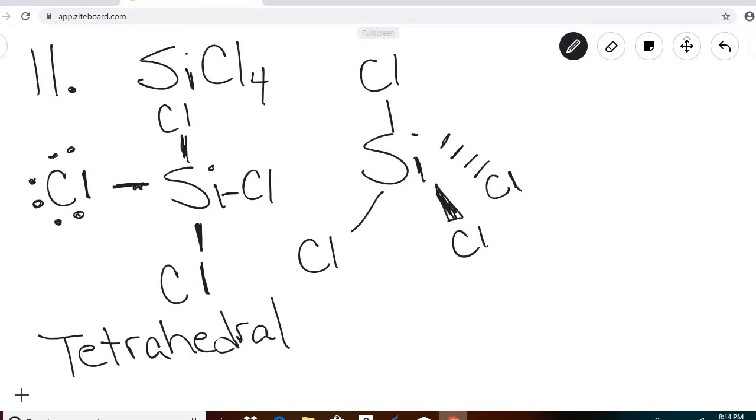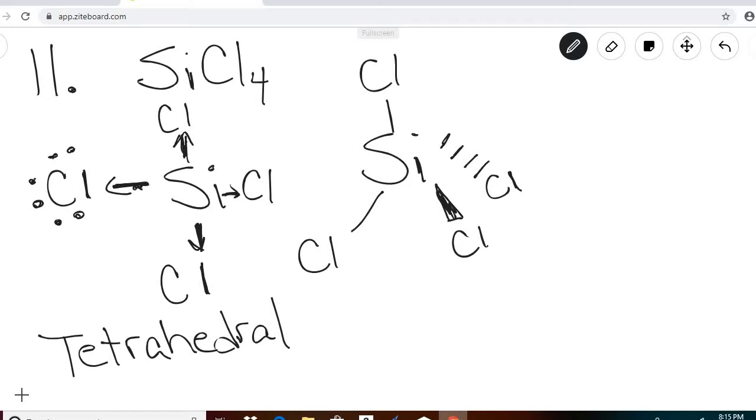And then it asks us whether it is polar covalent or purely covalent. So we know that this has polar bonds because the chlorine is going to pull on that silicon harder than the silicon pulls, because chlorine is farther to the right than the silicon on the periodic chart.